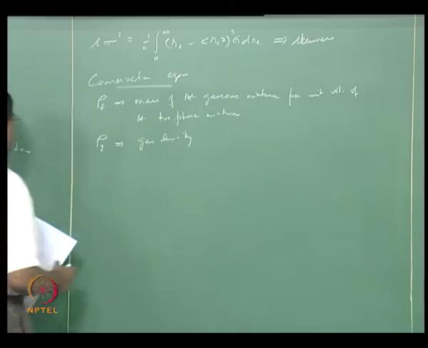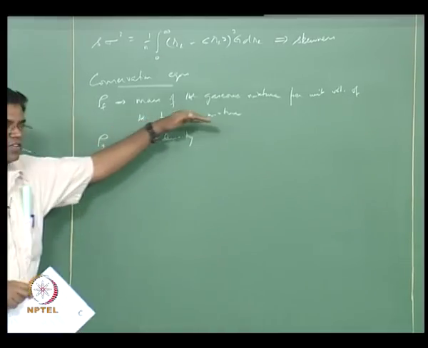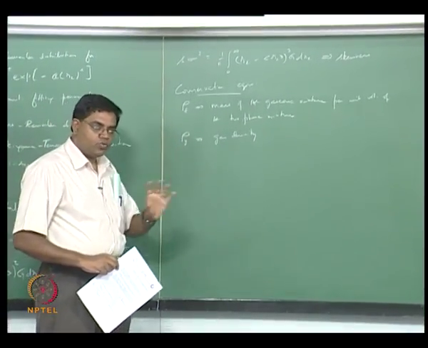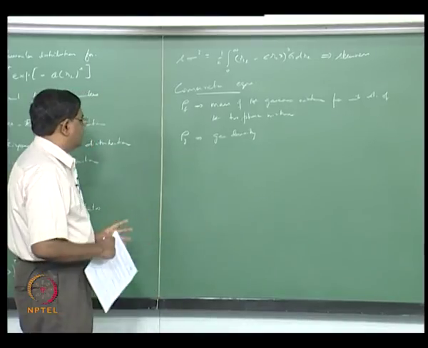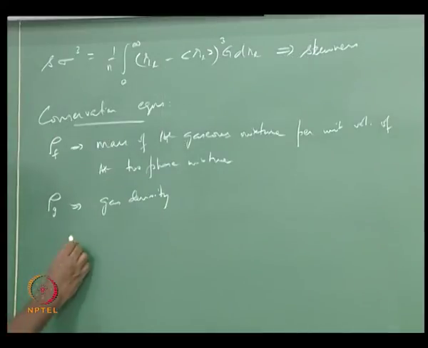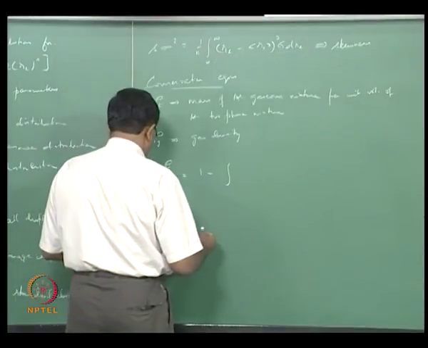So it is to say that rho f takes into account the two-phase part of it, but rho g is without taking into account the two-phase part of it, right. If you want to distinguish these two, then rho f divided by rho g is nothing but 1 minus an integral, should say actually a double integral.